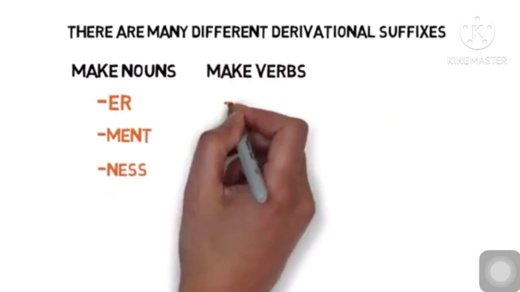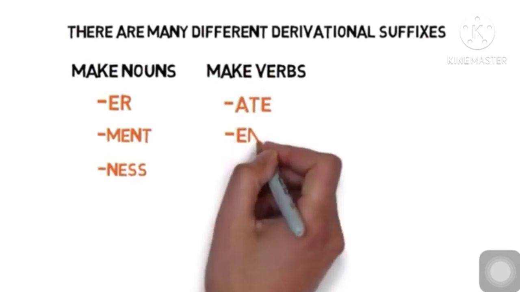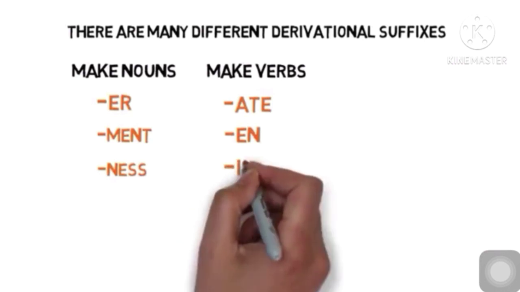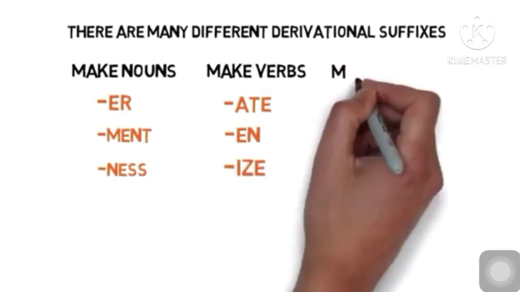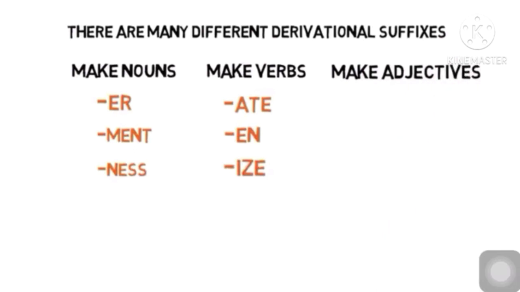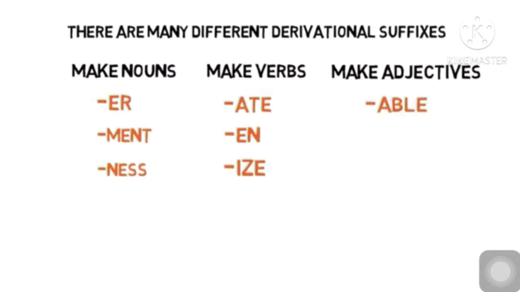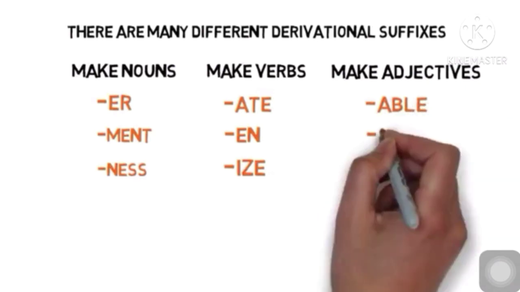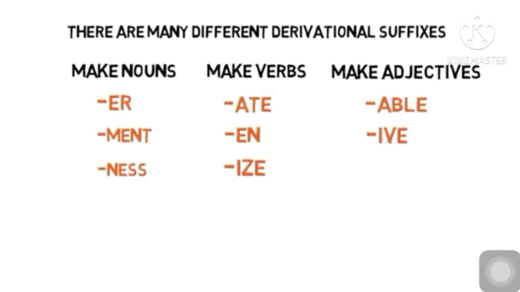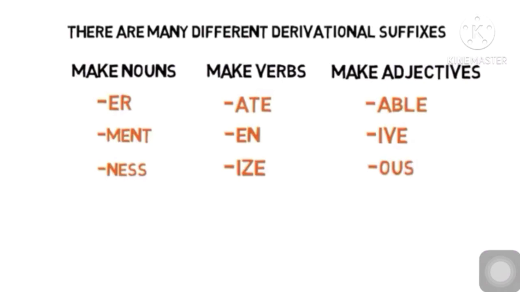Make verbs: ate, en, ize. Make adjectives: able, ive, and ous.